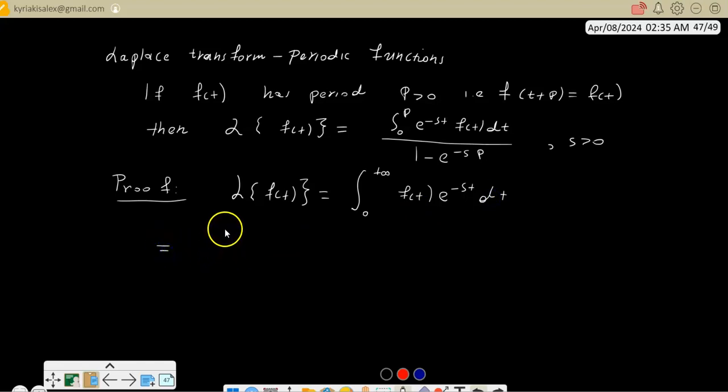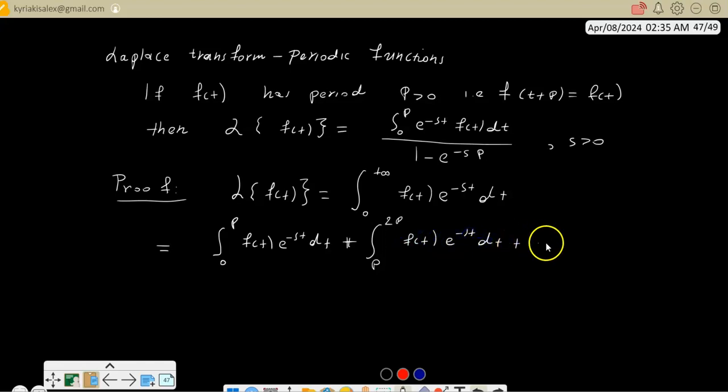And we can write this integral as multiple integrals: the integral from 0 to p of this function f of t, plus the integral from p to 2p, plus, and so on. So we split this integral in this way, involving the period p.